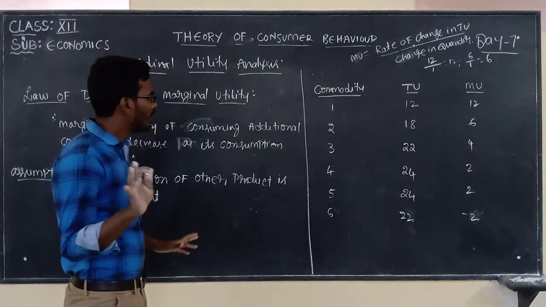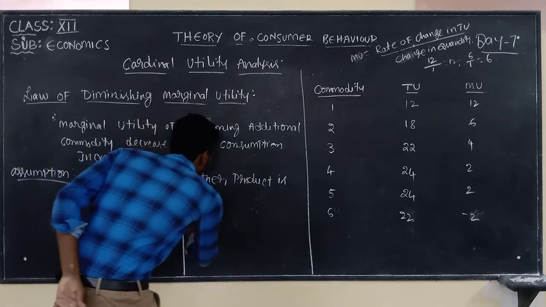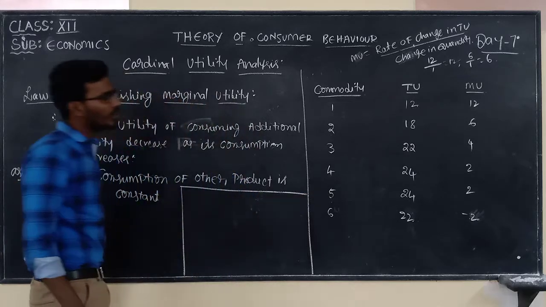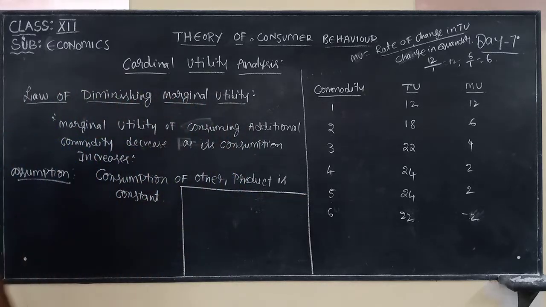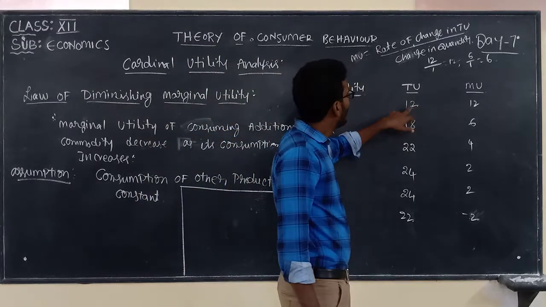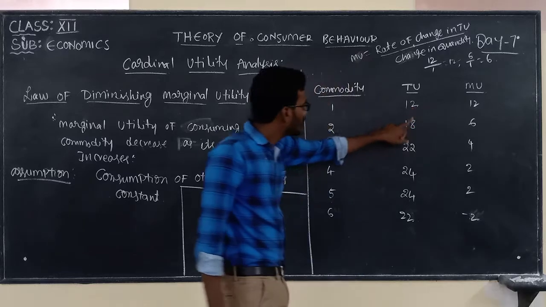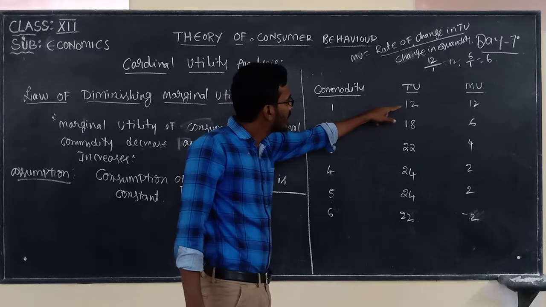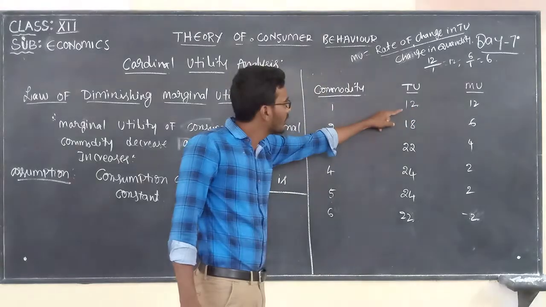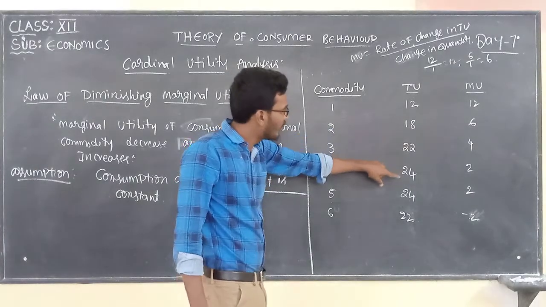Now let us consider some of the relations here. Observe the table carefully. First of all, total utility will be increasing: 12 to 18, 18 to 22, 22 to 24 and after that.